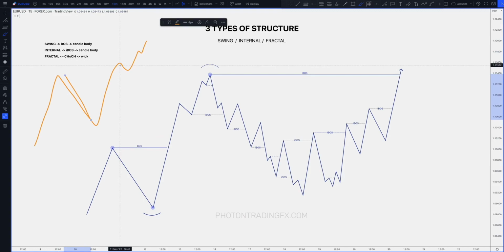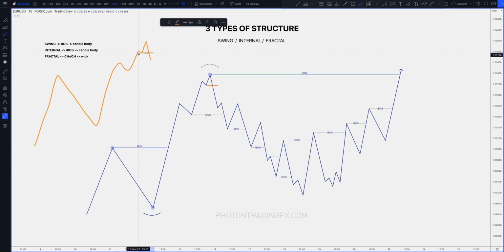So this is the swing, that's the internal pullback, and that's the fractal pullback, okay? Once we get that fractal break, which is this bit here, that is our change of character, and that is our first signal that the swing pullback may be commencing. When we then break an internal low like this, that isn't quite significant enough to be swing structure, but that's another good bearish sign as well. It's a much more significant sign than just a change of character.